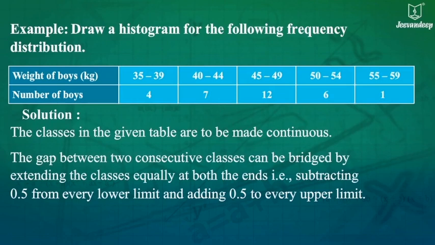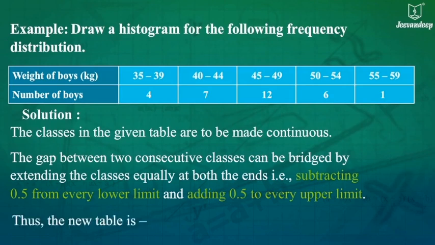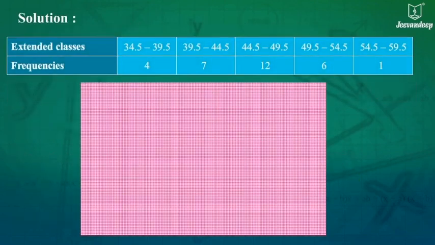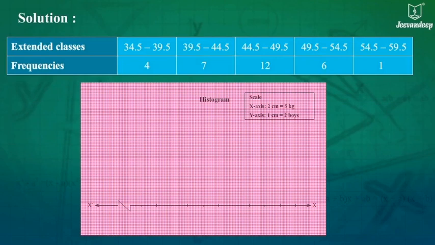The gap between two consecutive classes can be bridged by extending the classes equally at both ends, that is, subtracting 0.5 from every lower limit and adding 0.5 to every upper limit. Thus, the new table is extended classes, frequencies. According to the data, set the scale.